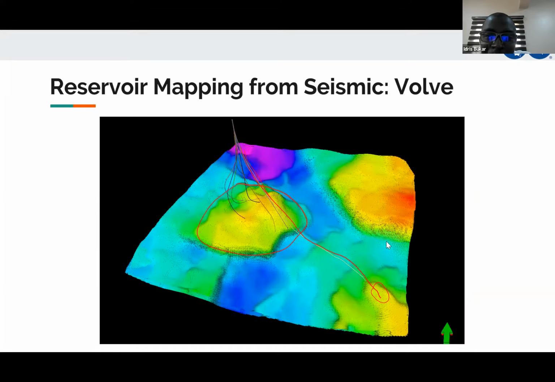Where has been swept, where has not been swept, and what have you. So it will guide you as to which wells would be best suited for your history matching in the whole field, right?